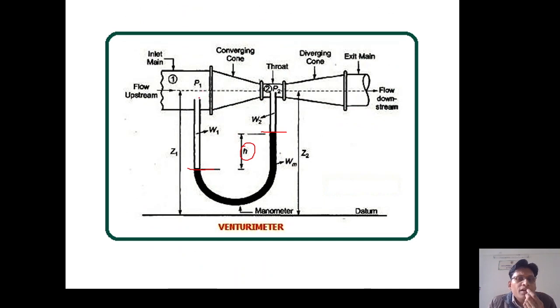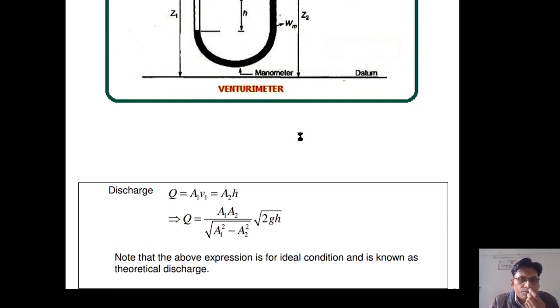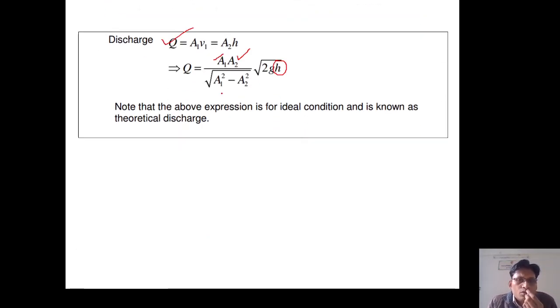A1 is the area at the inlet side, and A2 is the cross-section area of the throat side. So these two areas, A1 and A2, are used in the formula. So A1, A2 and h you have to put in this formula. g is the gravitational constant, 9.81. So in this manner you can find out the Q.